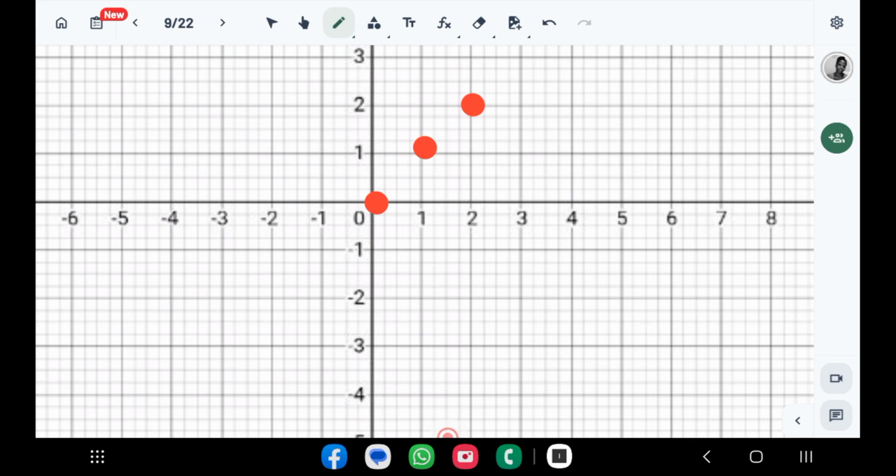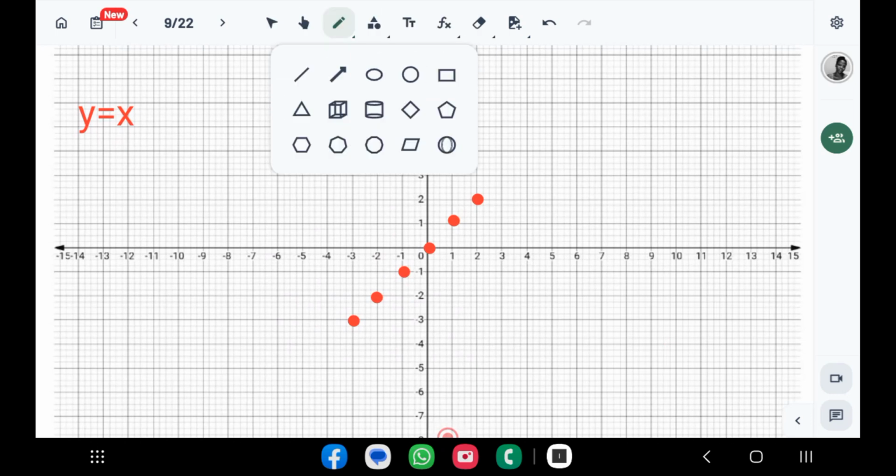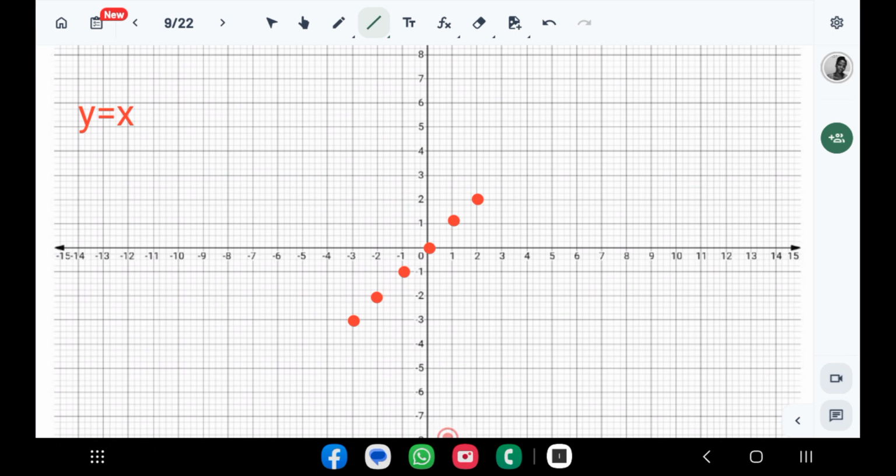On the left hand side, when x equals -1, y is also -1. That's the point. -2 goes with -2, and that's where the point lies. -3 goes with -3. Now let's join all these points in a straight line.